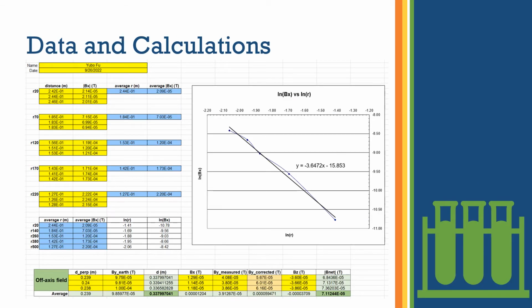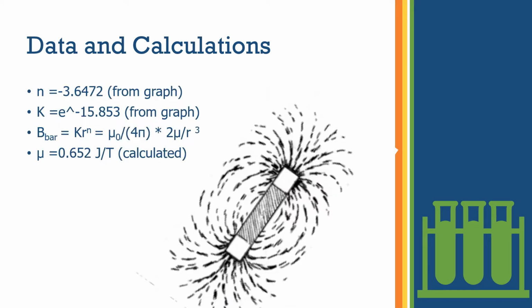Data and calculations. So here are the magnetometer readings and the graph that we have from the averages of the magnetometer readings. From our graph, we know that n is equal to negative 3.6472, which is the slope of the graph, and then we find that k is equal to e to the negative 15.85, which comes from taking the natural log of the intercept of the graph.